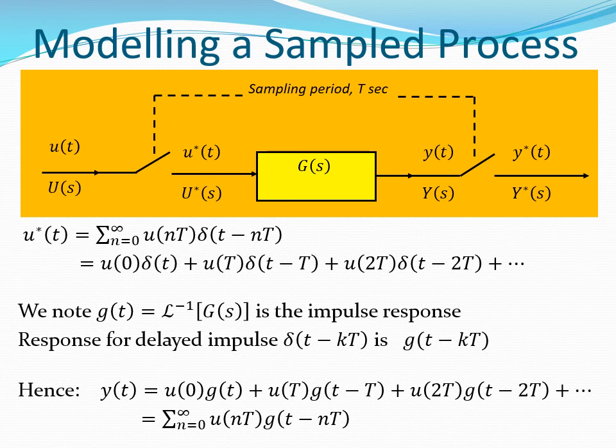Now, the inverse Laplace transform of the TF is equivalent to the impulse response of the system. Since the system is linear and the input is a summation of impulses, the output is equal to a summation of impulse responses to the respective input impulses.